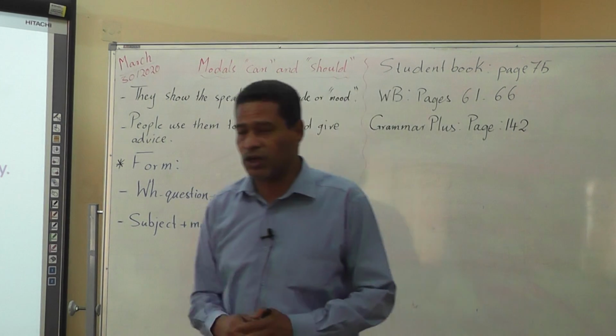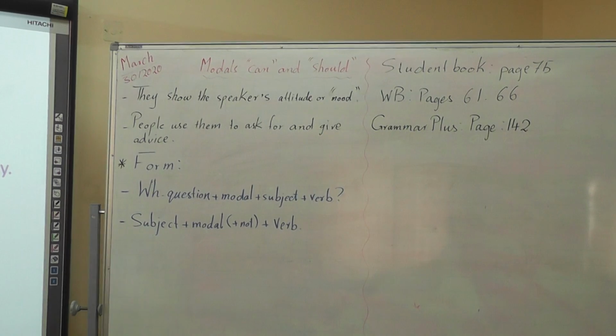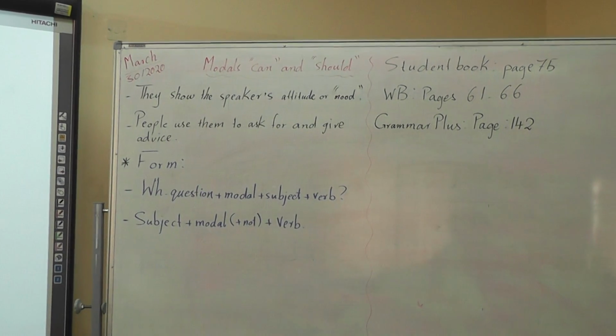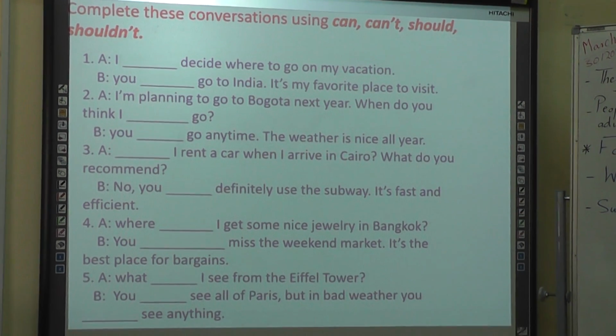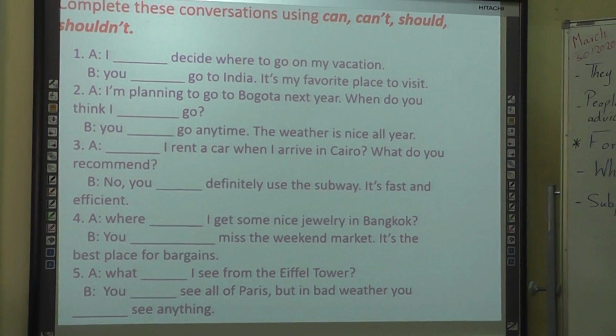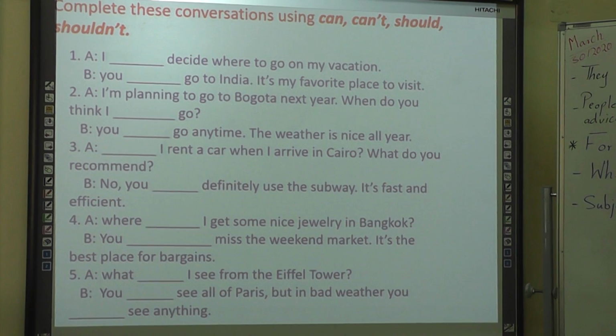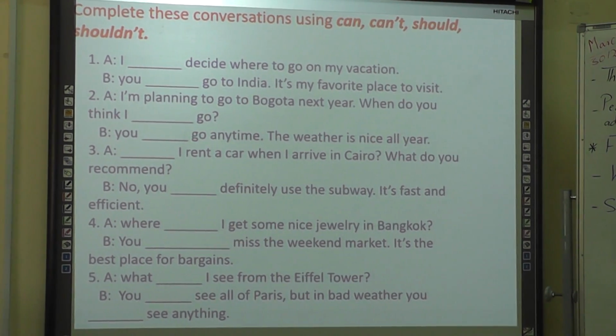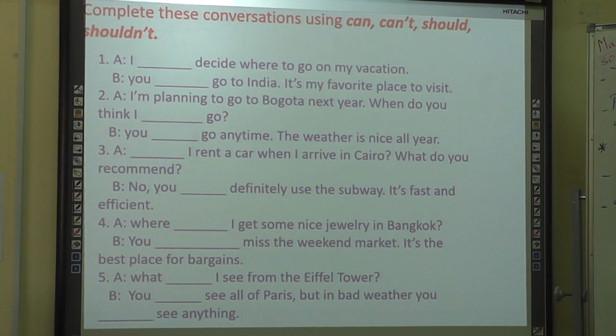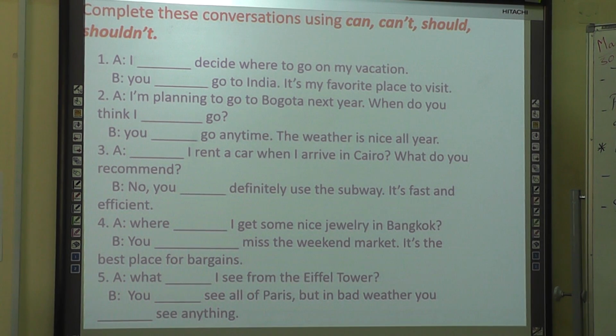Now, I'm going to show you some sentences or conversations. Use can or can't, should or shouldn't to complete them. So look at number 1. I blank decide where to go on my vacation.